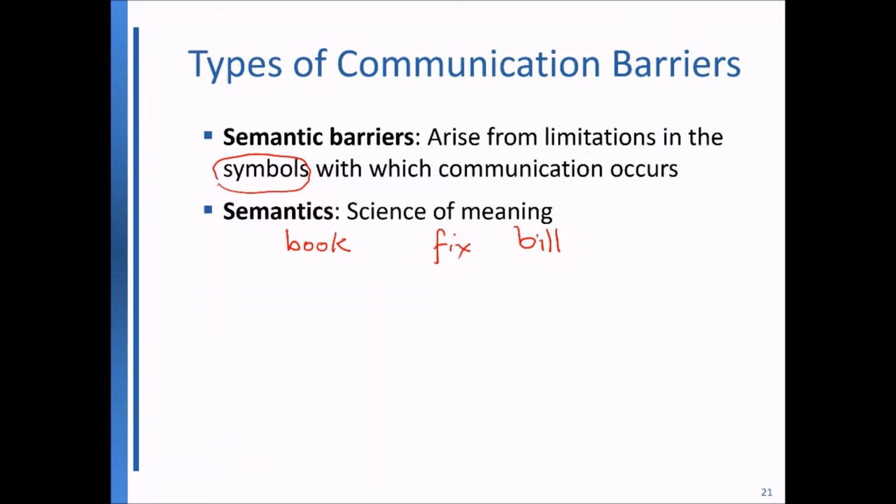Because of the word there is book, he gave me a book, but what I mean is for him to book me a flight. So you see, the meaning that I want as a sender is different from the meaning of the receiver. It is a barrier because the meaning from the sender is no longer the same meaning that the receiver received. So that is how semantics can be a barrier to communication.